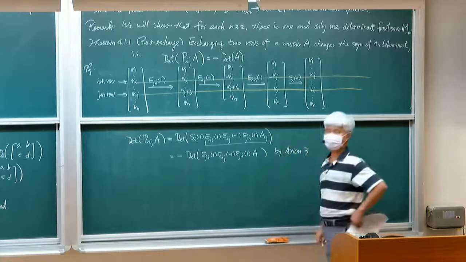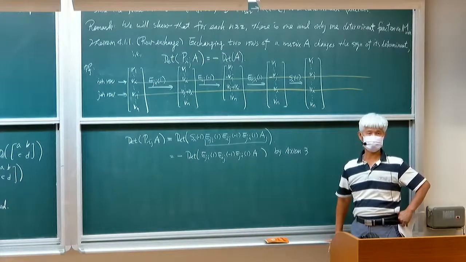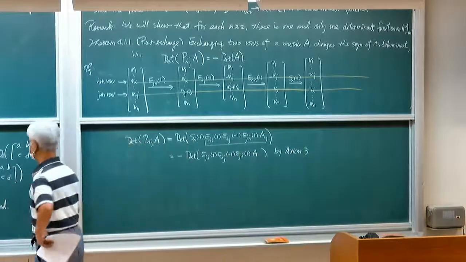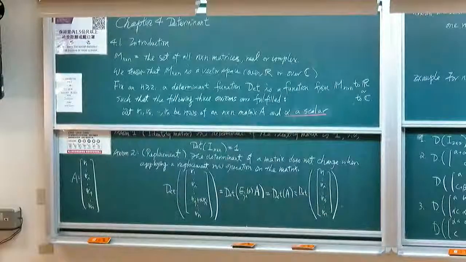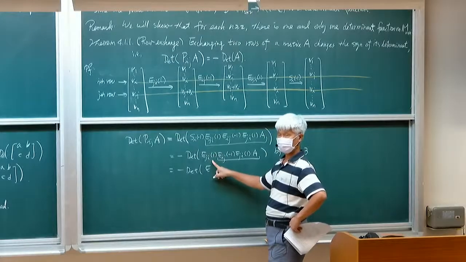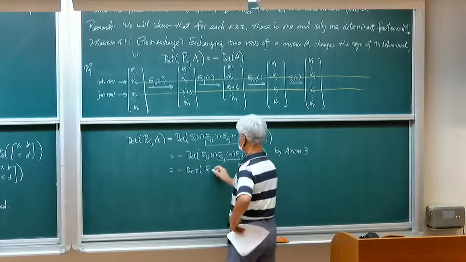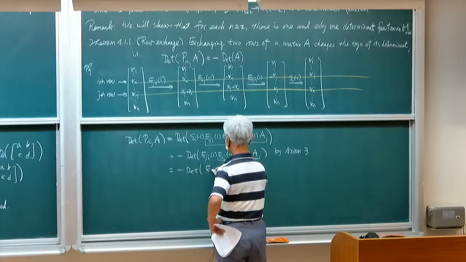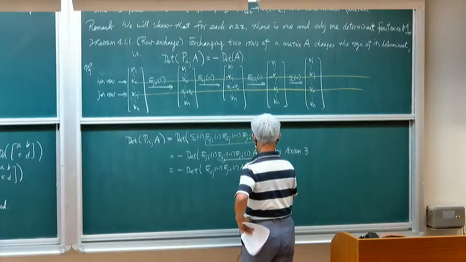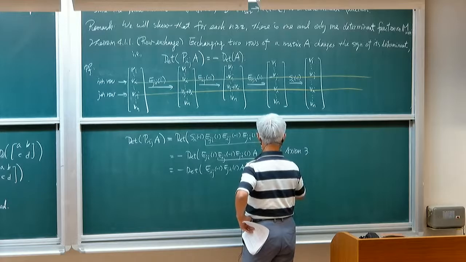By axiom 3, right? Now you apply axiom 2 three times. You apply the replacement operation on this matrix, then you don't change anything, right? By axiom 2.